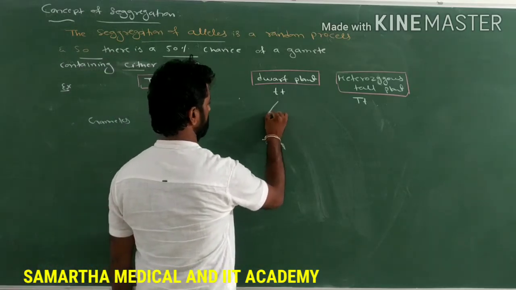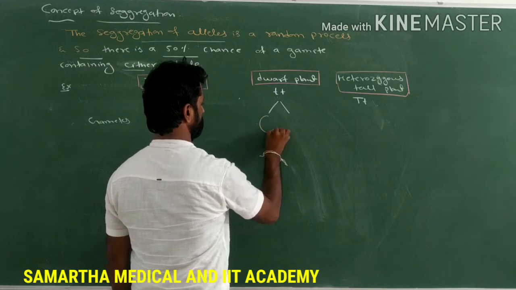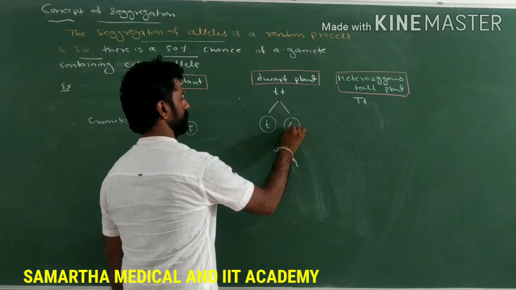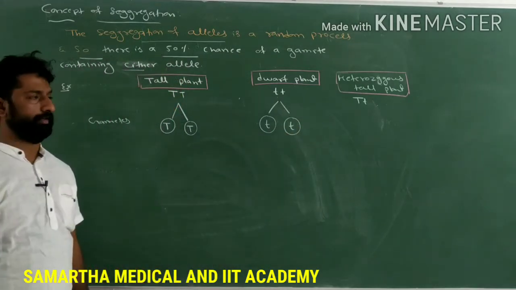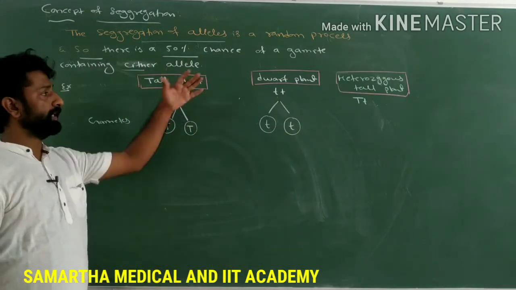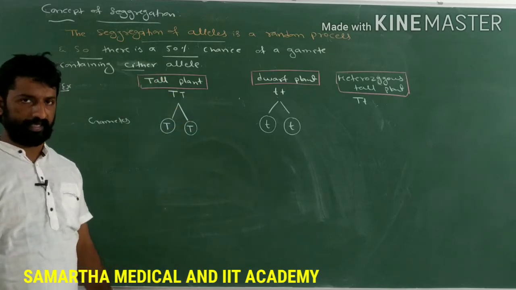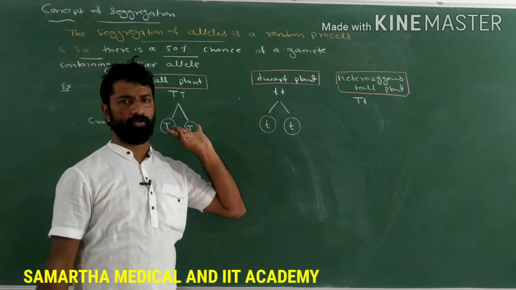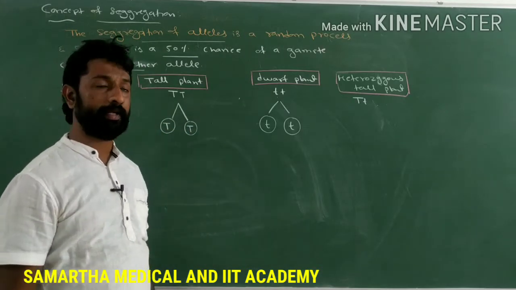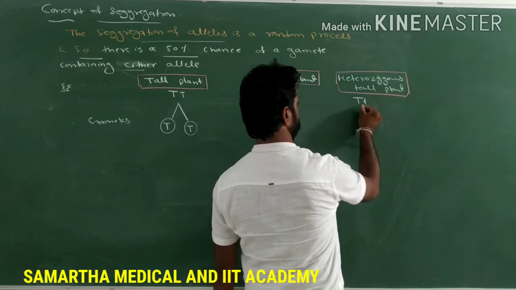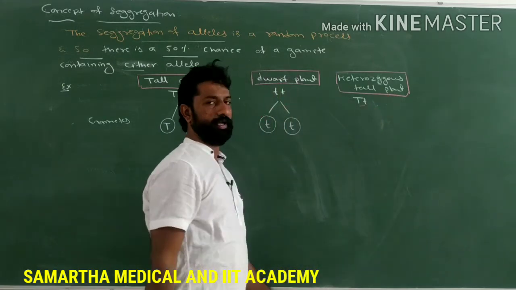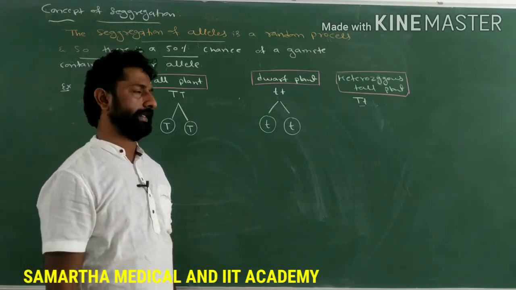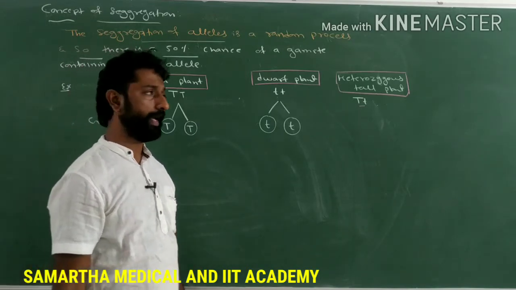Similarly, in the dwarf plant, the gametes produced will also receive the similar, identical allele. This happens when a plant is pure for its character or trait. This is homozygous tall, and here homozygous dwarf. But what happens if the plant is heterozygous tall? It means its allelic pair has contrasting genes coding for a particular character, or contrasting traits of a particular character.